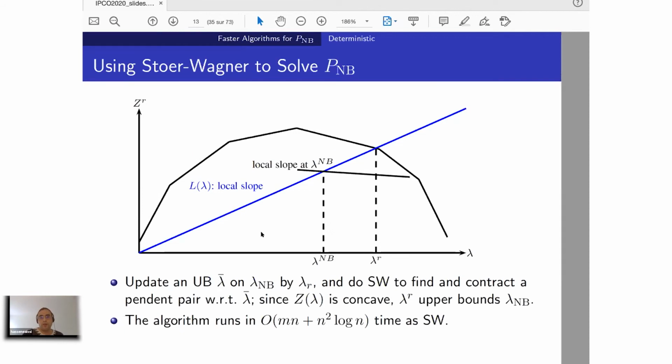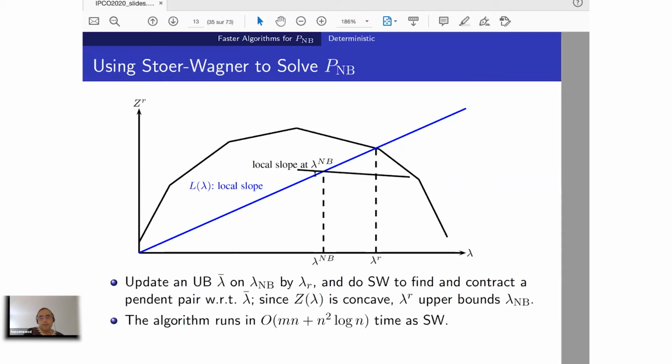So by the concavity of the mean cut function, which is piecewise linear and concave, as we said before, we can show that this intersection point lambda r gives an upper bound on the unknown next breakpoint.